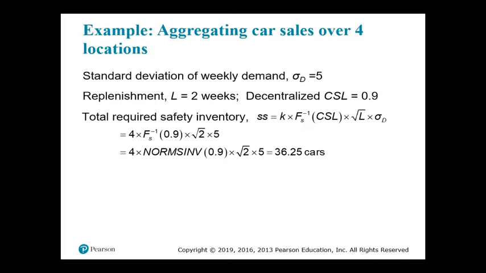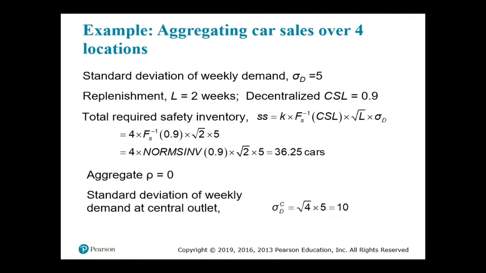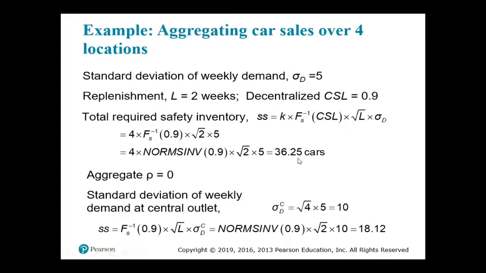So this is a simple example of aggregating over 4 locations, and you can see that with these 4 locations being aggregated, the safety inventory reduces basically by half, which is assuming that demand is independent between different regions.